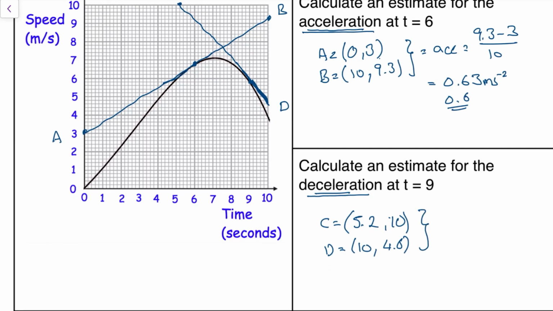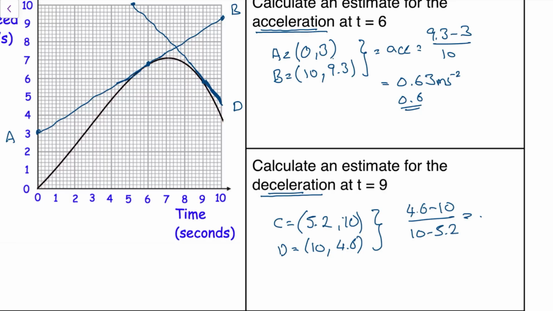So my gradient is going to be 4.6 minus 10 over 10 minus 5.2, which is minus 1.125. So I'm going to call that minus 1.3 meters per second squared.